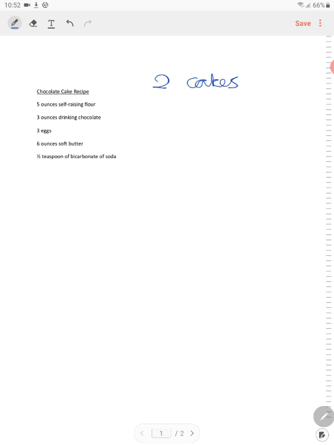So if 2 cakes, I would need 10 ounces of flour, not 5. Now, I can't just chuck in the same 3 ounces of drinking chocolate because then it wouldn't be a very chocolatey cake anymore. So I've still got to double that up. So I would need 6 ounces of drinking chocolate.